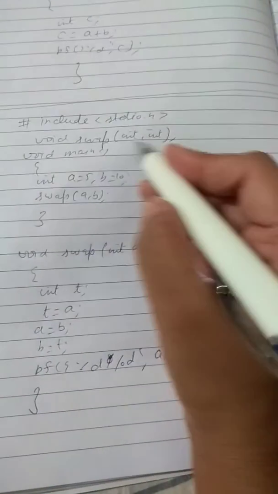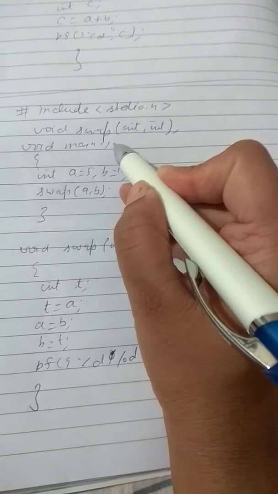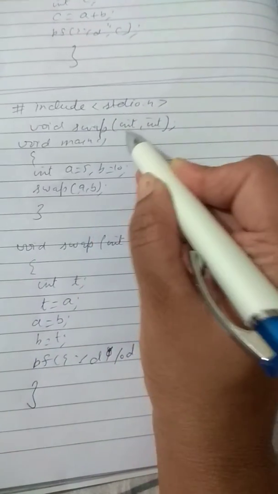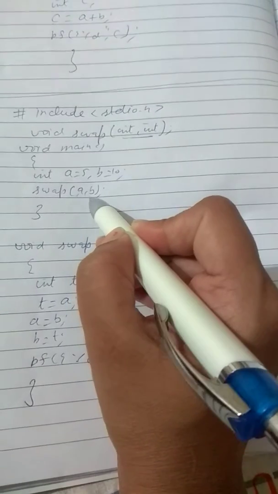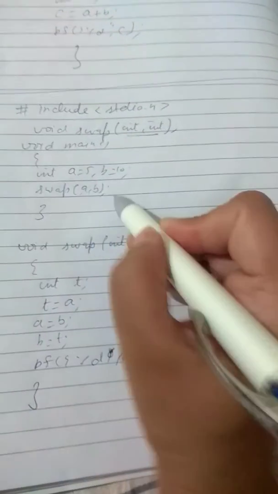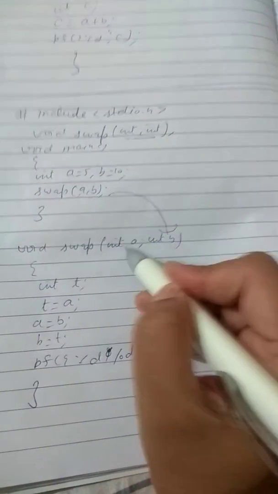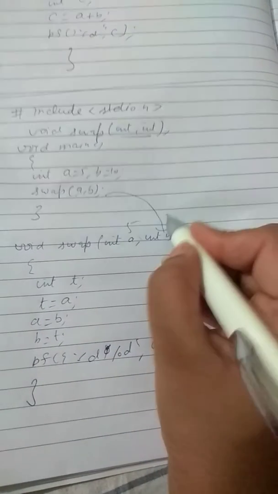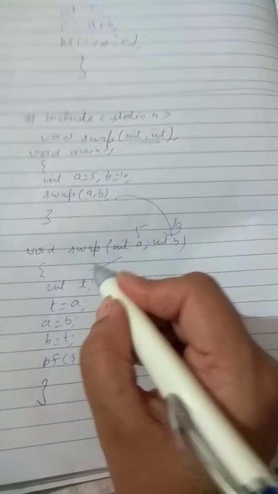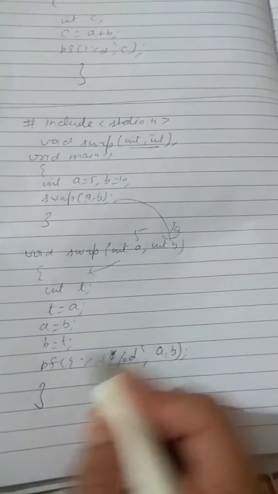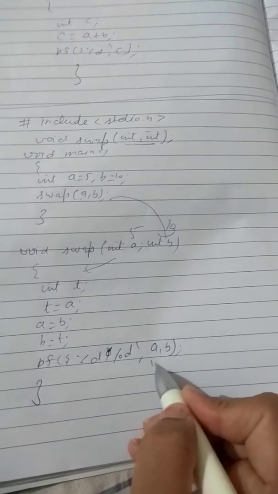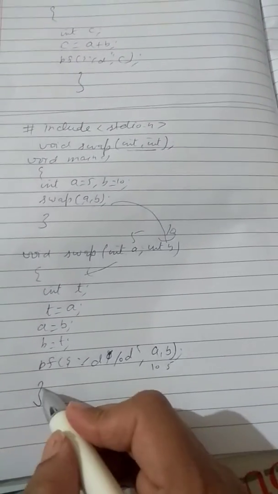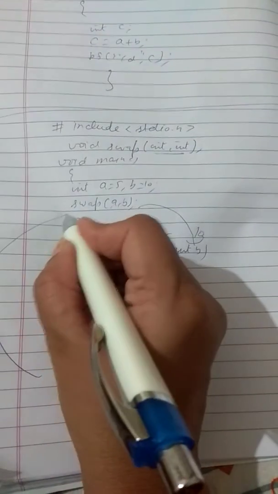So what will happen? Control will go to the main. It will check whether the number of data types of these two parameters is equal to the number of these variables or not. It's matching or not. Once it is matching, control will go to the definition. Here a value will go 5, b value will go 10. Control will go inside. It will do the task of swapping, and here itself it will get the swapped values, here 10, here 5, and then after this close curly bracket, control will go here.